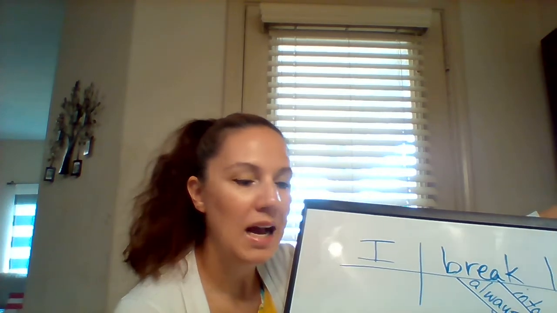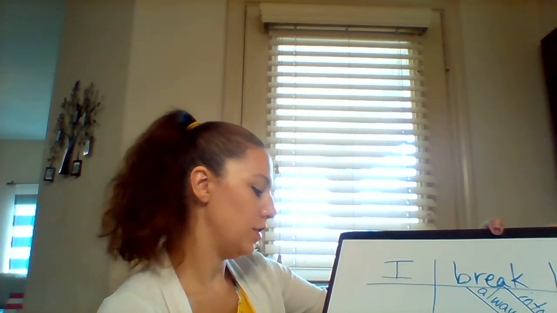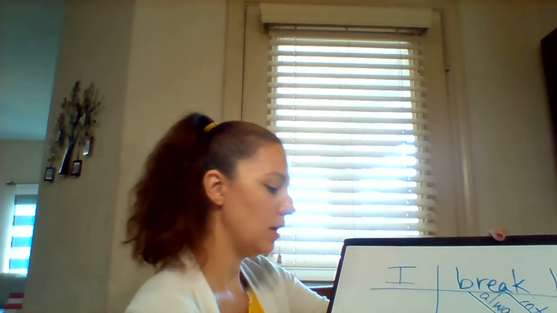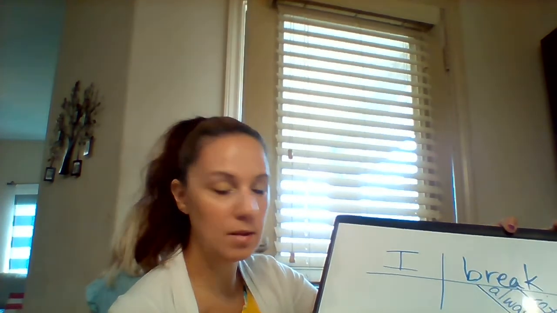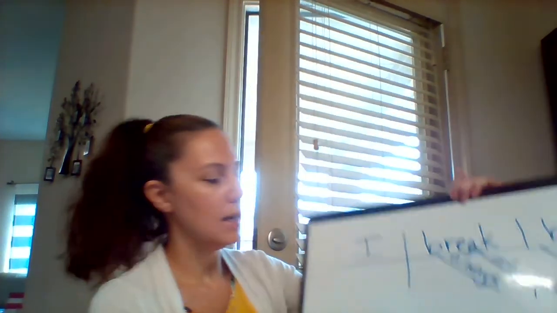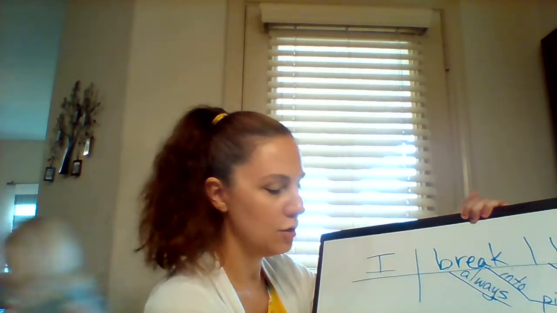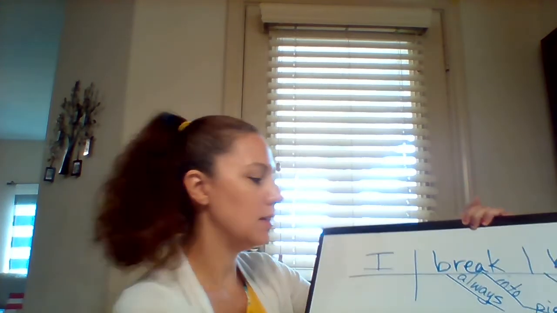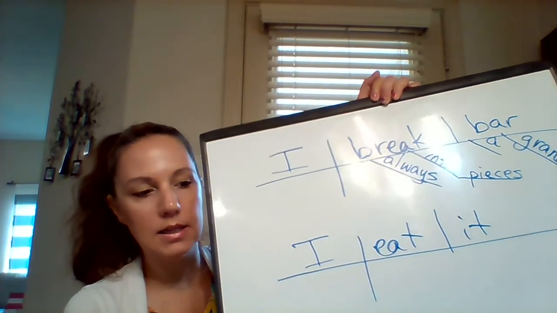Then, I eat it is your second part of your sentence. Those are both independent clauses. They could be sentences all by themselves. So I is your subject. Eat is your predicate. What do I eat? It. That's my direct object. I eat it.